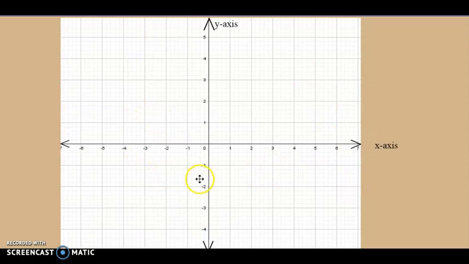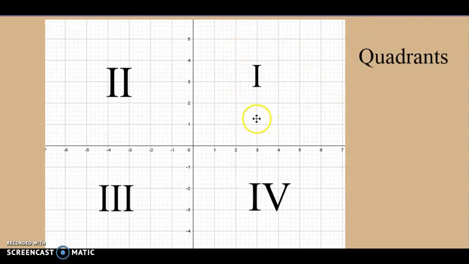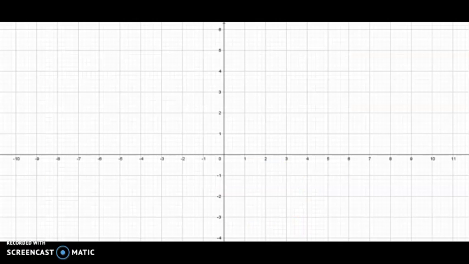When we work with our Cartesian plane, do not forget to label the horizontal axis as the x-axis and the vertical axis as the y-axis. We know that this will be the first quadrant, the second quadrant, the third quadrant, and the fourth quadrant. Now we will look at plotting, and we're going to plot the coordinates for A, which is (2, 1). On the x-axis, I go to 2. My x value is 2.